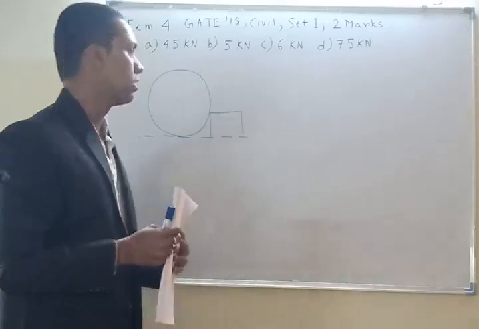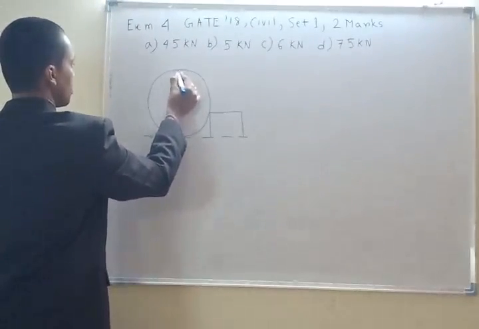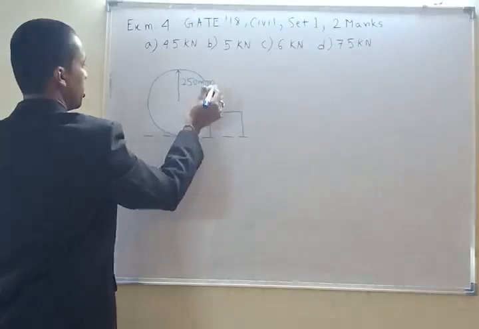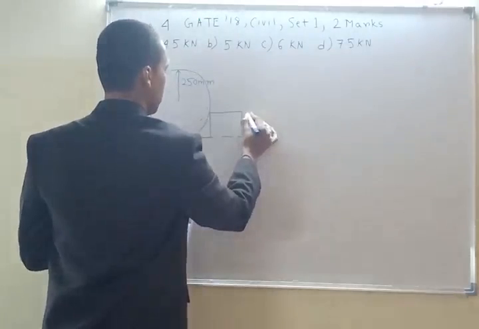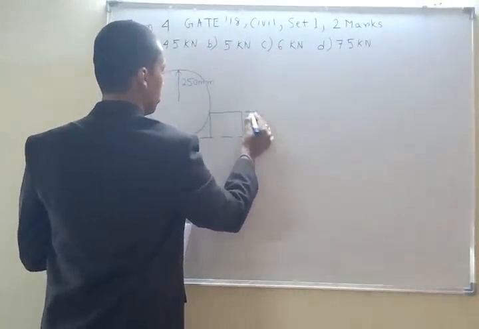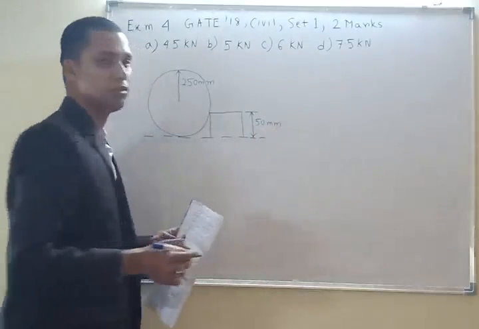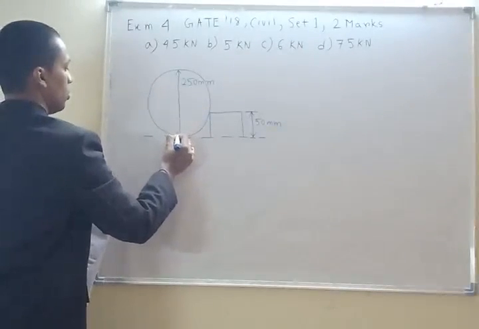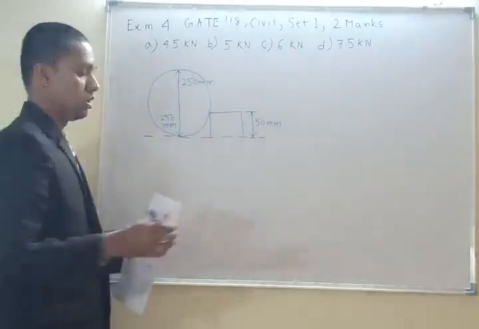So the radius is now 250 millimeter, and the height of the block he has given is 50 millimeter. So 50 millimeter and 250 millimeter. So this is also 250 millimeter.